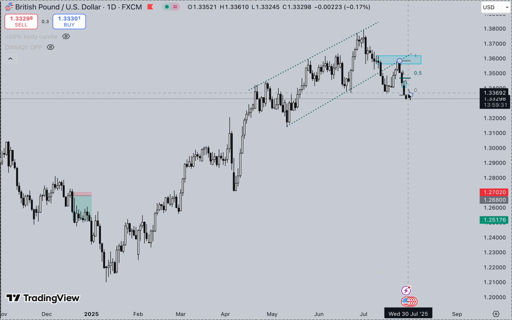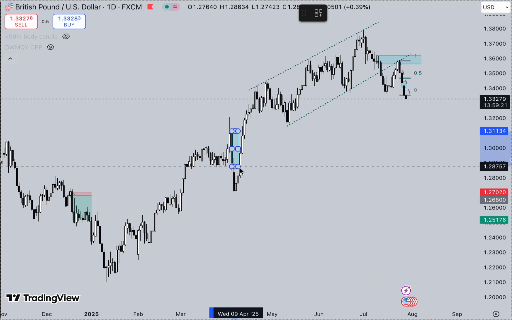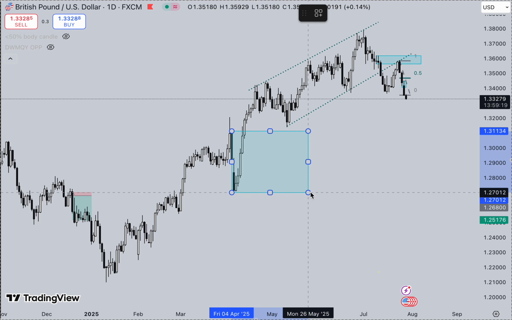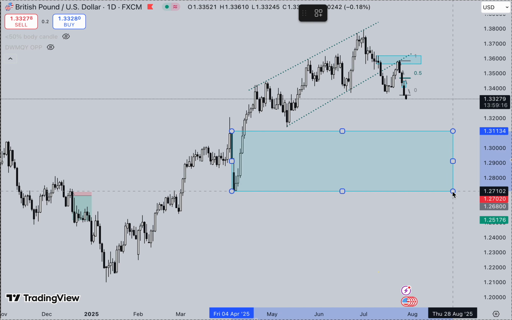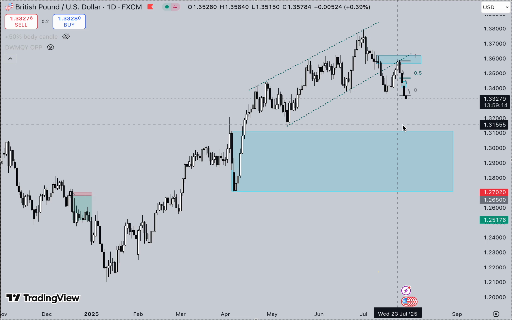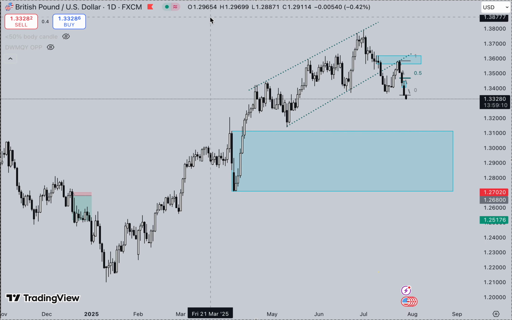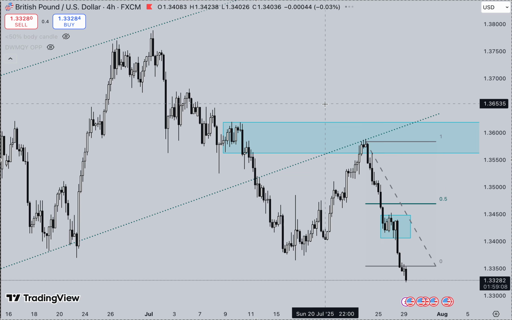So all we're looking for is sells, to push the market lower. Into which area? Into this area of demand, at least to grab liquidity below this consolidation, and then at least this area which has liquidity sitting right above it.